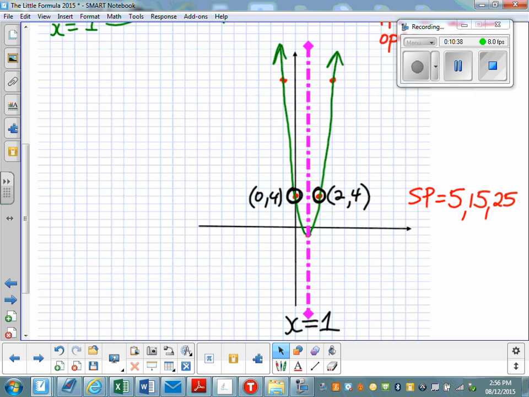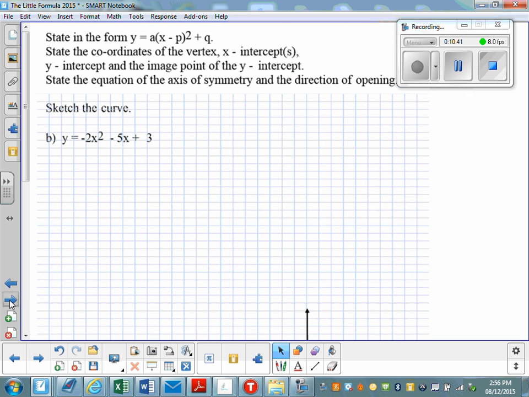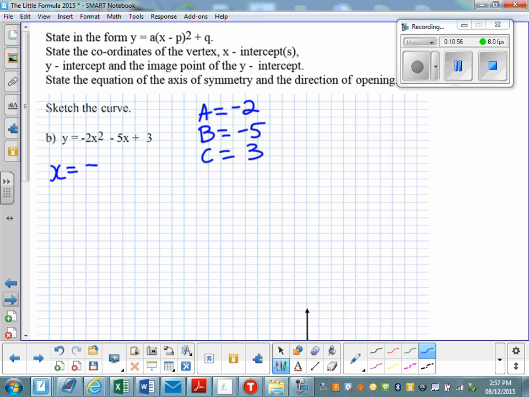Okay, and now we'll look at the last example here. Same sort of thing. I will list my A, B, and C to start with. So A this time is -2, B is -5, C is 3. And a little formula is going to look like -5.